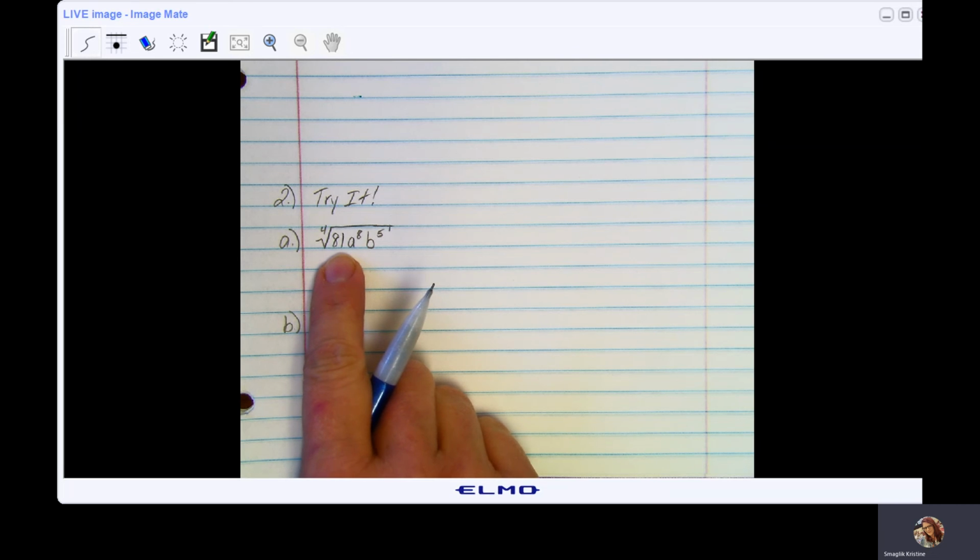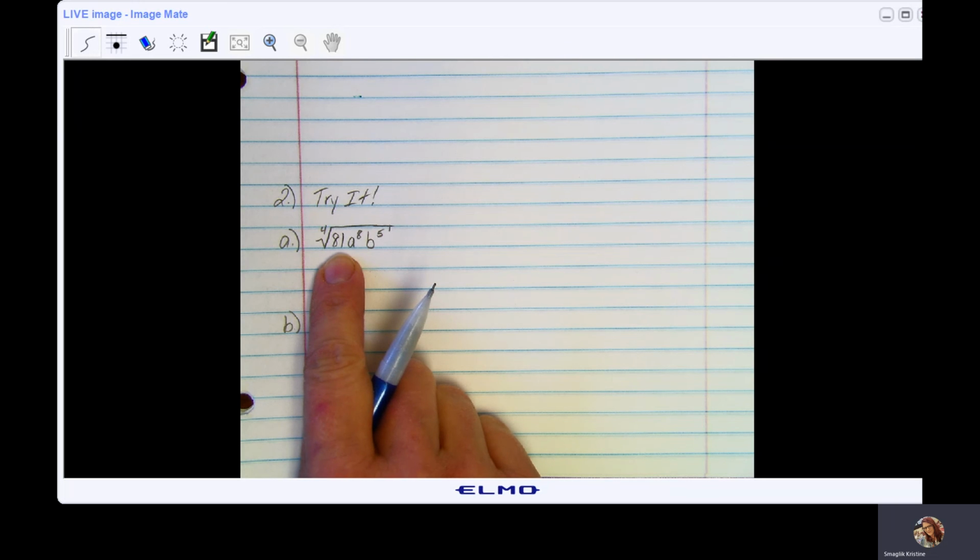Okay, so let's take a look at 2a. Notice we are looking for the 4th root. So I already know 81 is equivalent to 3 raised to the 4th power. And again, if you weren't too certain about this, you could play around on your calculator. You could also calculate the 4th root of 81.